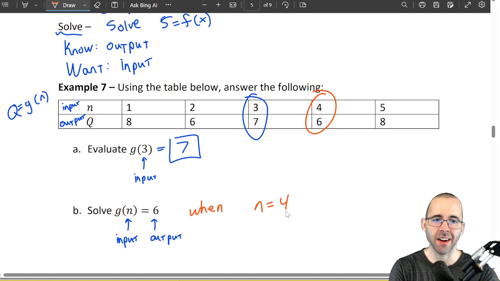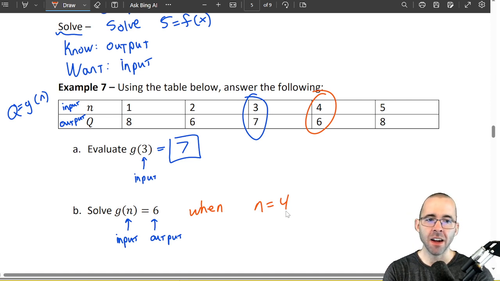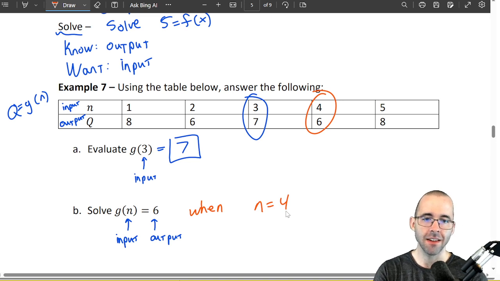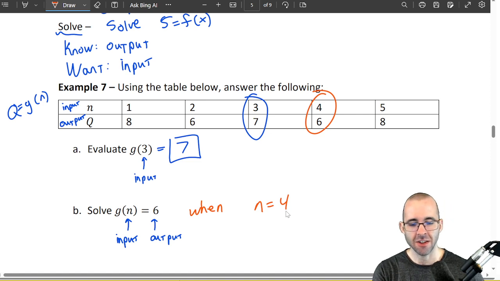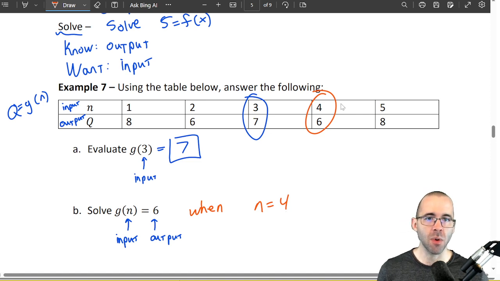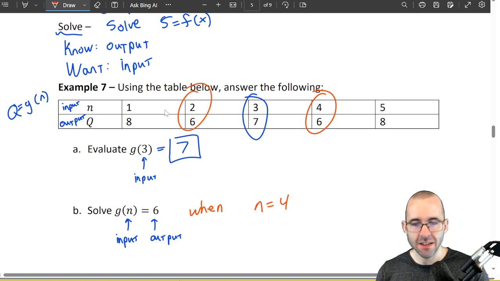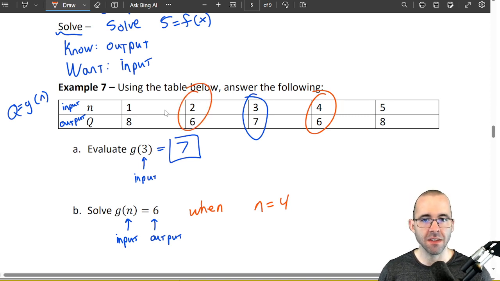What's the problem here? I maintain that this is not the correct answer. It's partially correct. Yeah. An input of 4 goes to an output of 6. But that's not the only thing that goes to an output of 6.